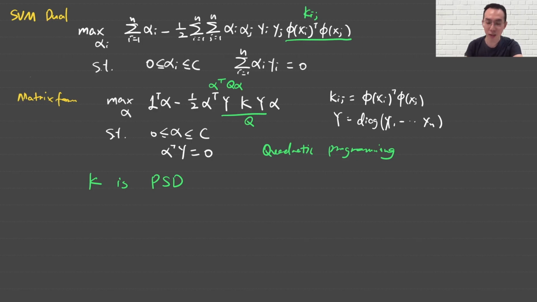If everything is finite, you can think of it as phi transpose phi, that is the K matrix. This is a classical positive semi-definite matrix. So that is required for our kernel matrix K here.